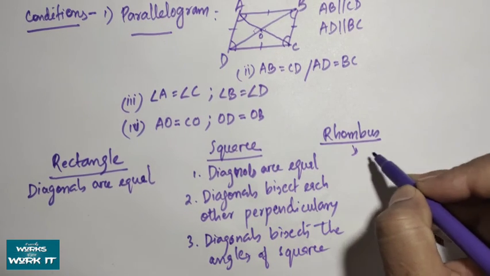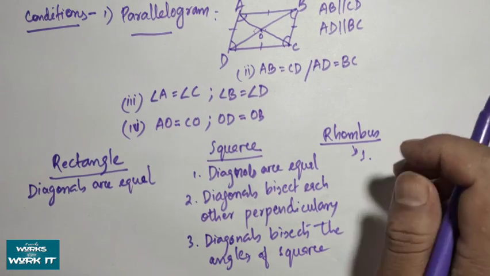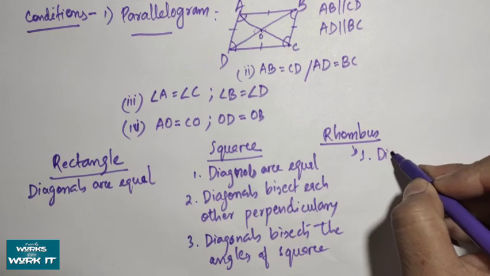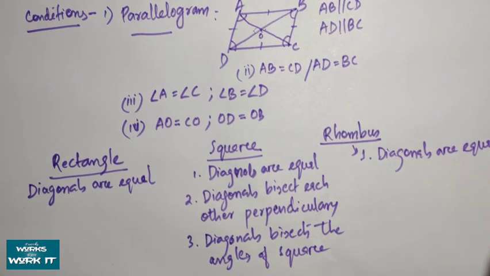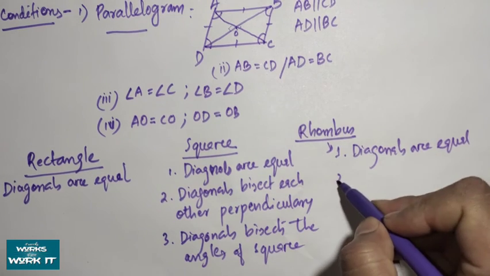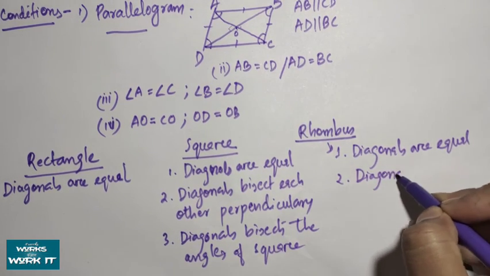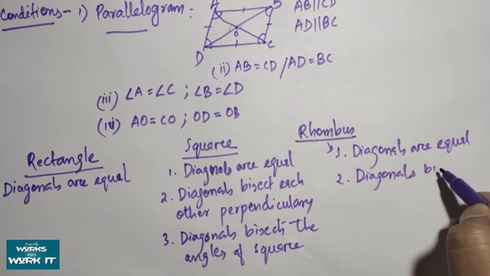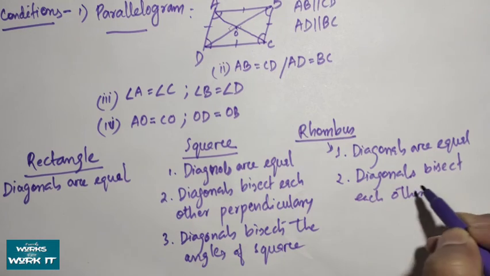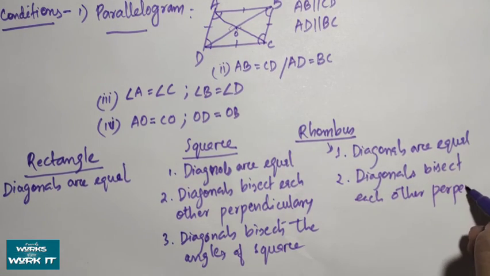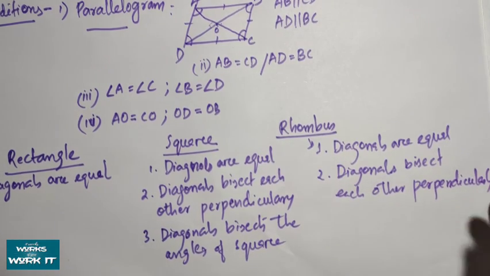Let's move to the rhombus. What is the effect of diagonals in a rhombus? Diagonals are equal here also. Diagonals are equal in a rhombus, and then diagonals bisect each other perpendicularly.